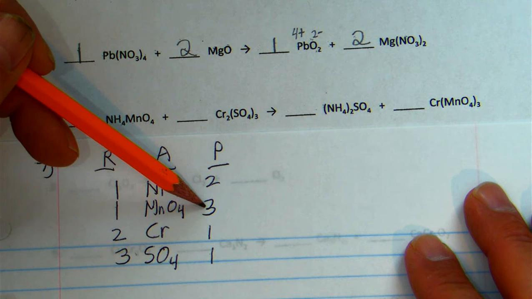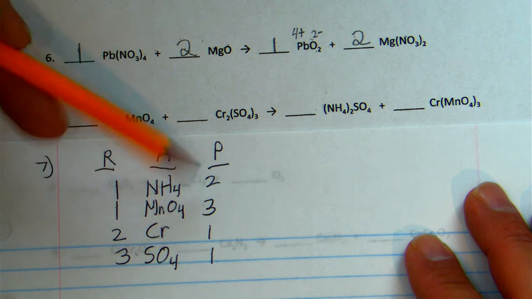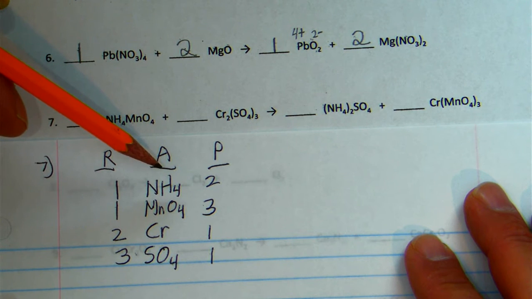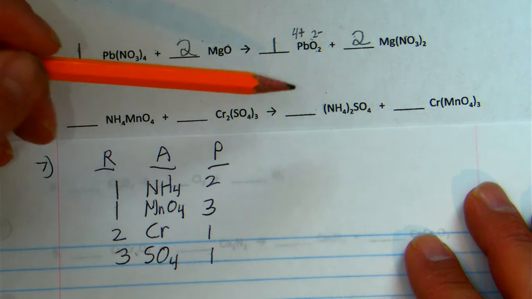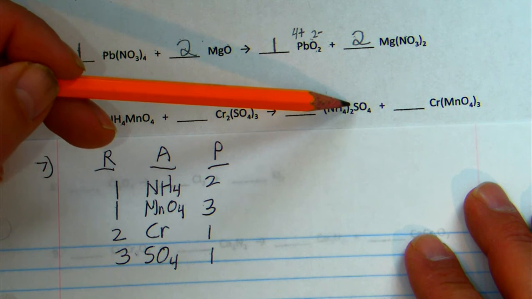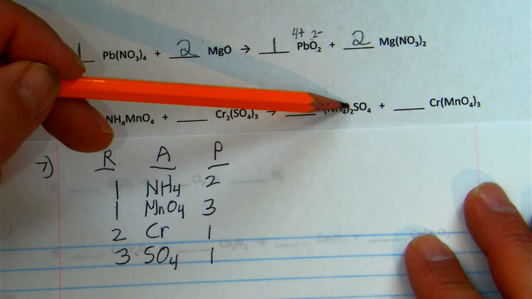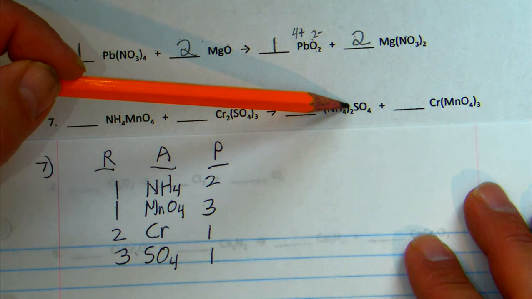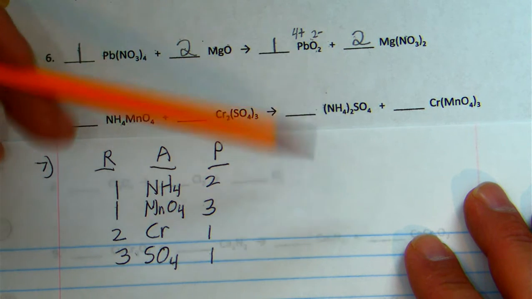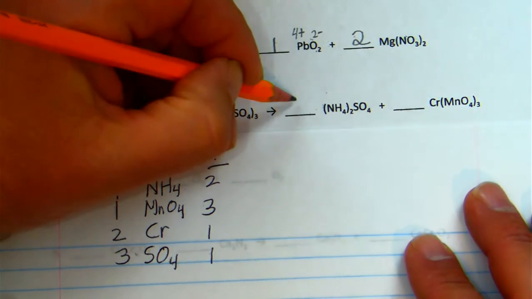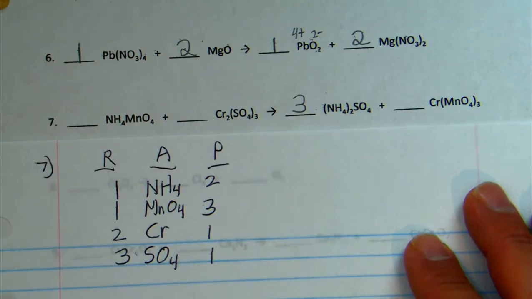So, wild guess, you can start anywhere and just do it trial and error. If I were to triple the ammonium sulfates on the right, I think I can make it go forward from there. So I'm going to put a 3 in front of the ammonium sulfates.